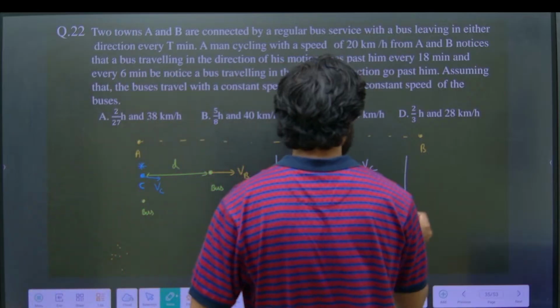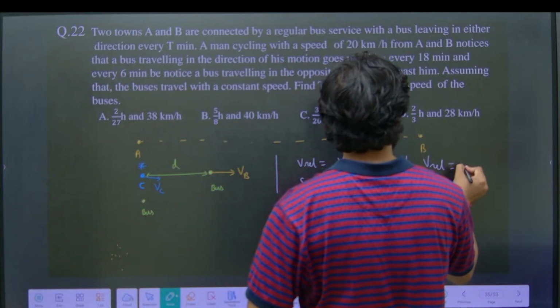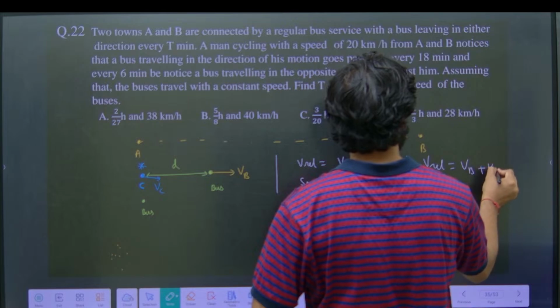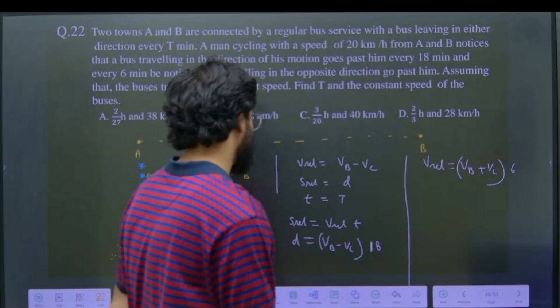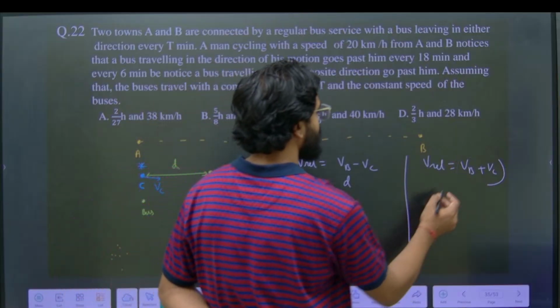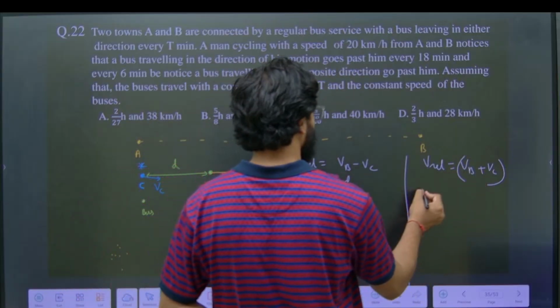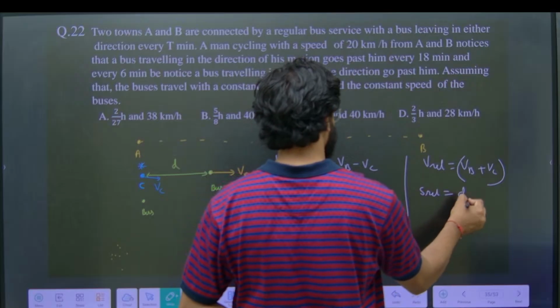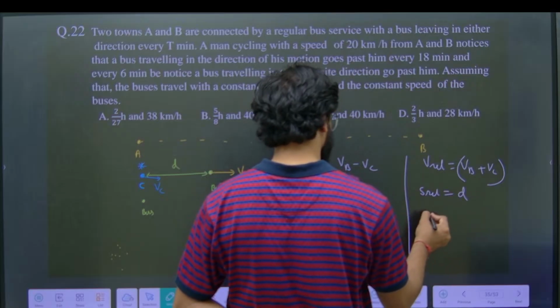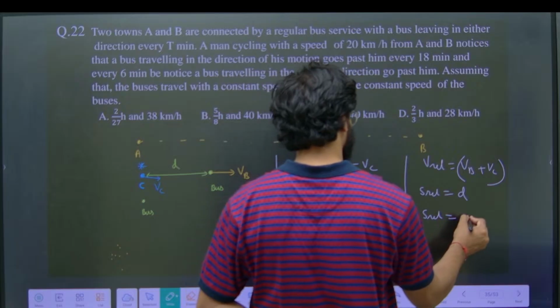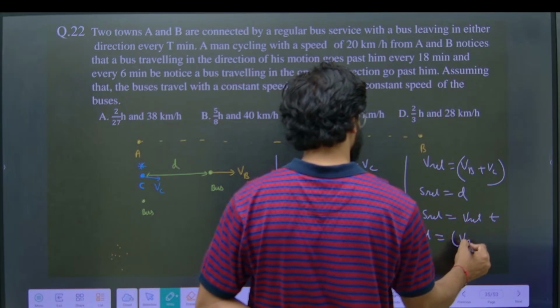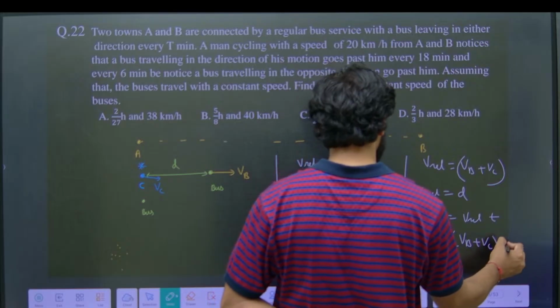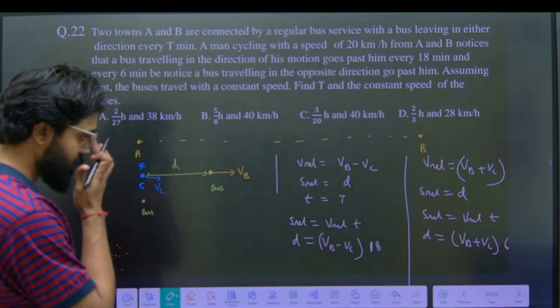When both of them are moving in the opposite direction, clearly the velocities will be added to each other, and the time over here is 6. So s relative is again d, and s relative equals v relative into t, so d equals vb plus vc into 6.